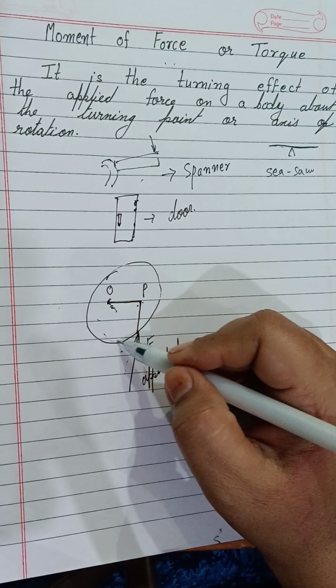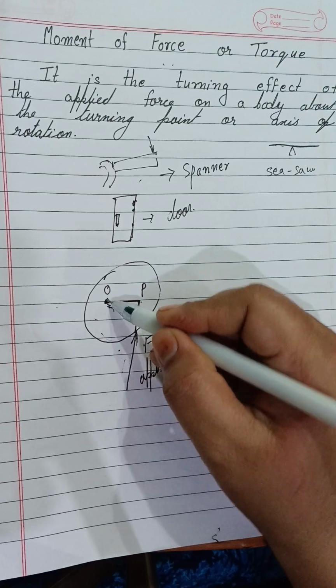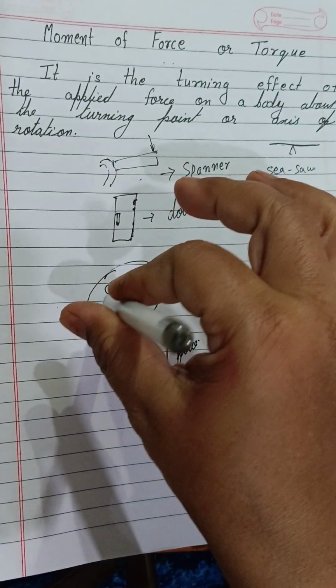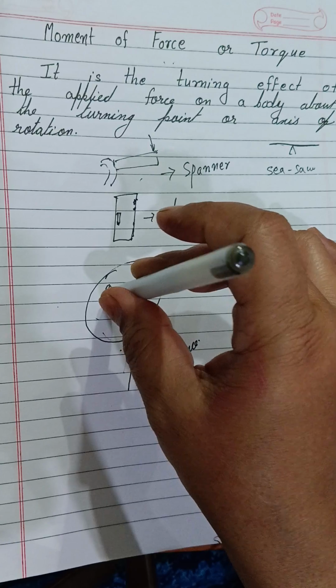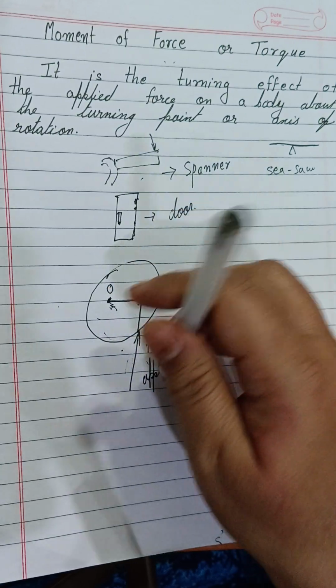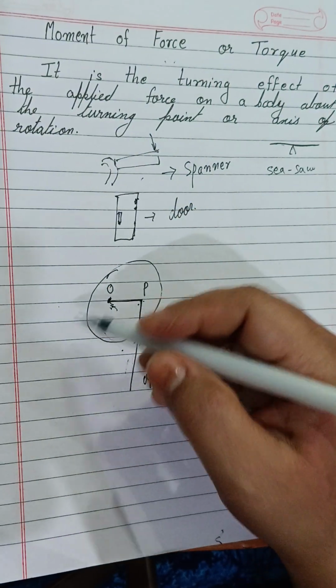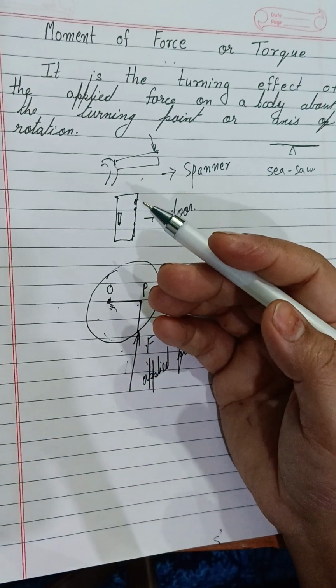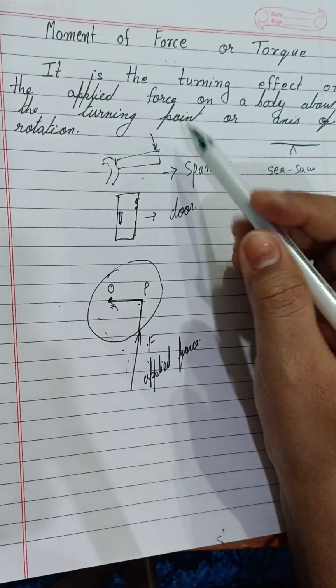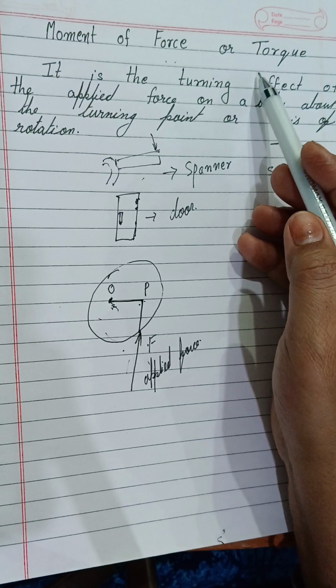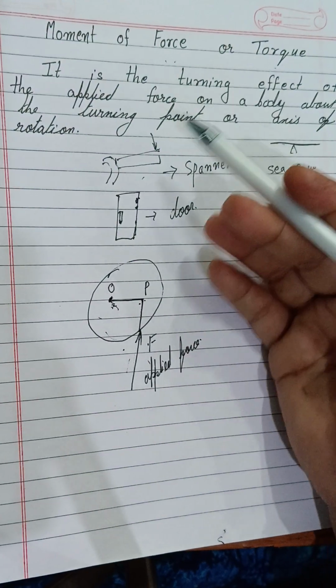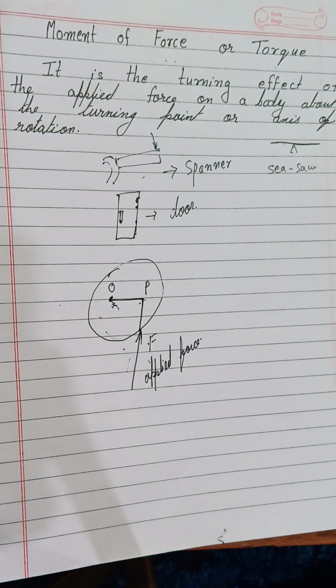And the body is pivoted at the point O, like this. So when it is going to be rotated, its rotation is like that only. This is the turning effect of a force, because we know that the moment of a force is also called a torque, and the turning effect of a force is called torque.